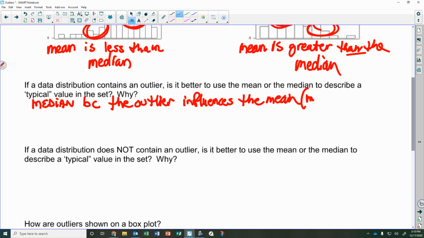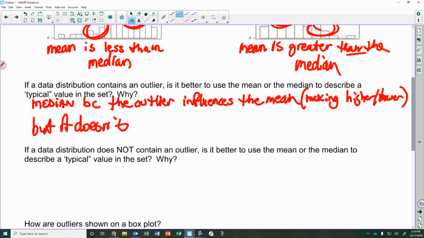And it would influence it by either, depending on where it is, making it higher or lower. But it doesn't affect the median. Because again, that's just the middle number.